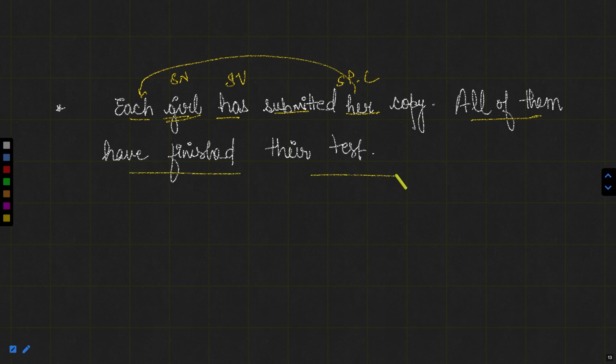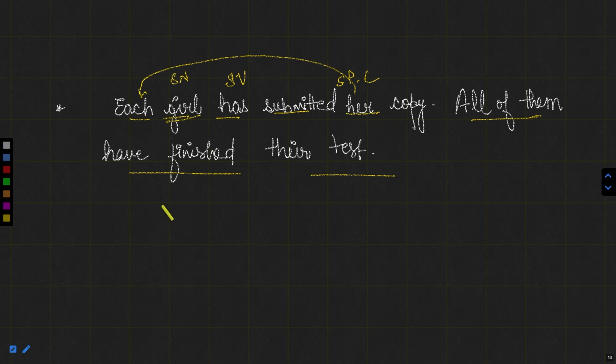Now, I'm talking about all the girls at a particular time collectively. So here the first part of the sentence is using each, which is focusing on each and every girl, but in this I'm talking about all the girls, so I can use them in plural form. So this is also the structure in which we can make it plural.